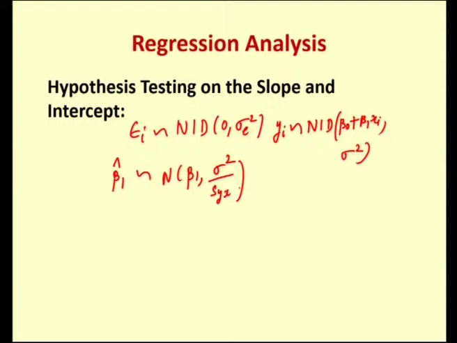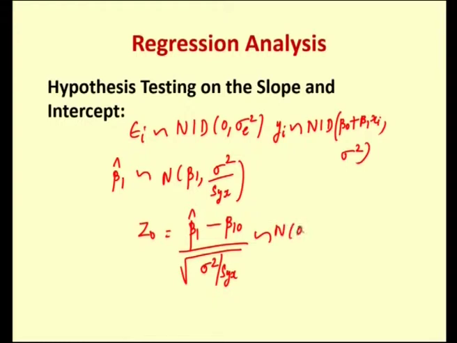And the test statistic for testing our null hypothesis here is z naught is equal to beta 1 cap minus beta 1 0, this is under H naught, divided by the standard error, so square root of the variance, which is sigma squared by Sxx, and it follows normal with mean 0 and variance 1. So, here this is the test statistic to test H naught against H 1 when sigma squared is known.